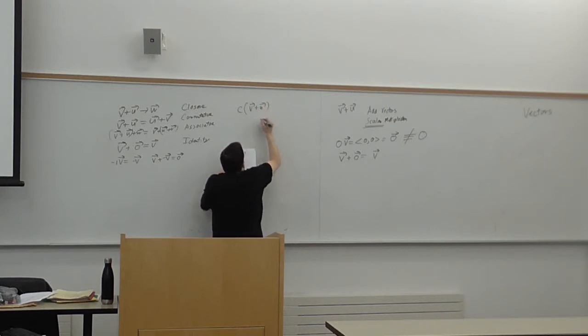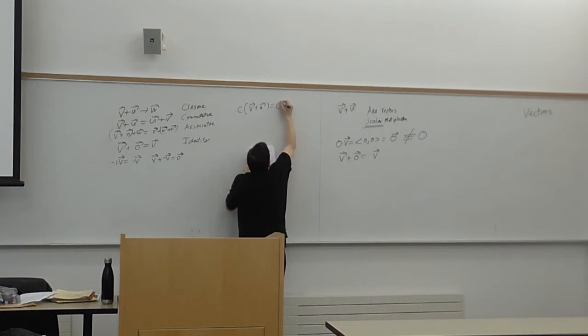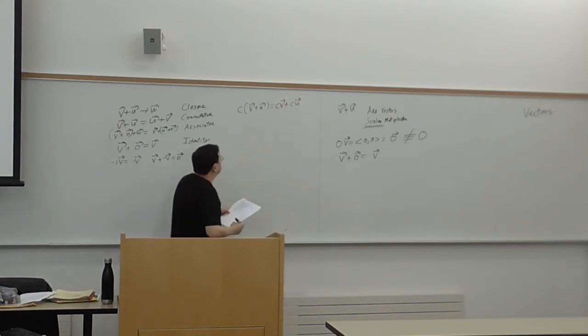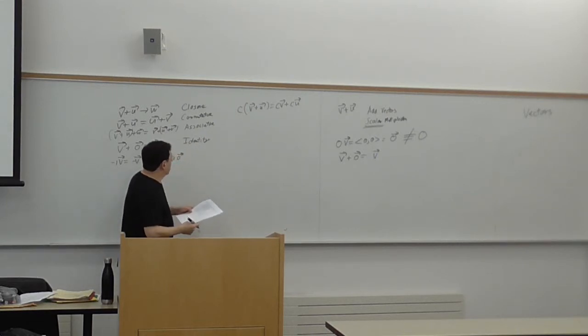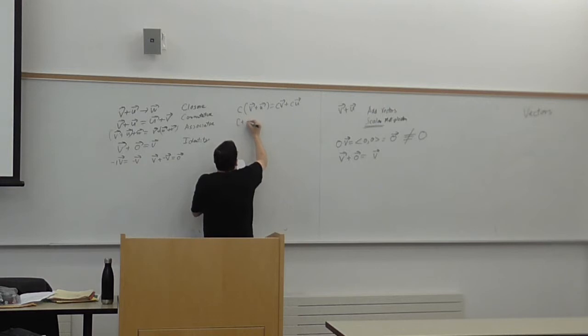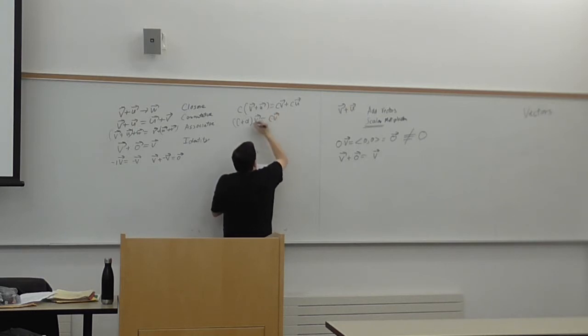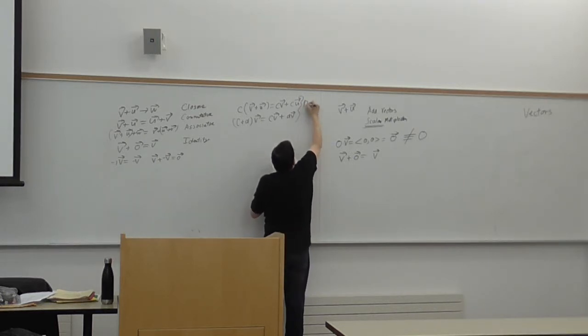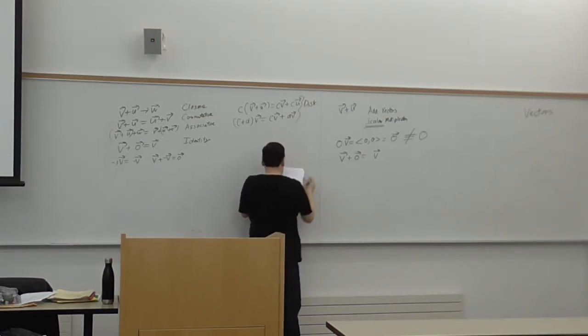If we add two vectors and multiply by a constant, we can multiply first and then add and get the same thing. There's another distributive property: if we add two scalars and then multiply by a vector, we can also distribute the scalar over the vector.